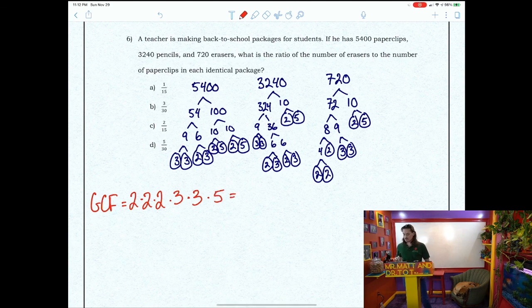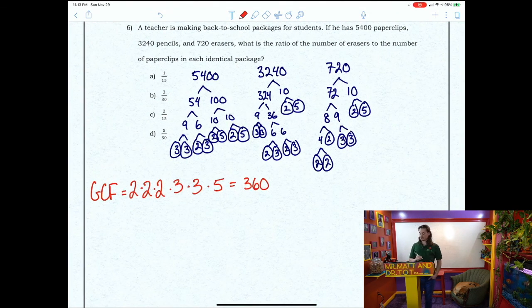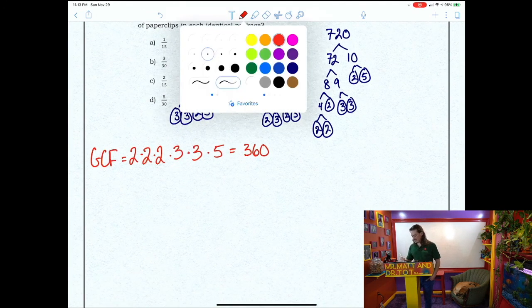So if we ultimately want the ratio of the number of erasers to the number of paper clips, the number of erasers in each package is going to be the total number of erasers, which was 720, divided by the number of packages that we're making, which is 360. And that's equal to 2.